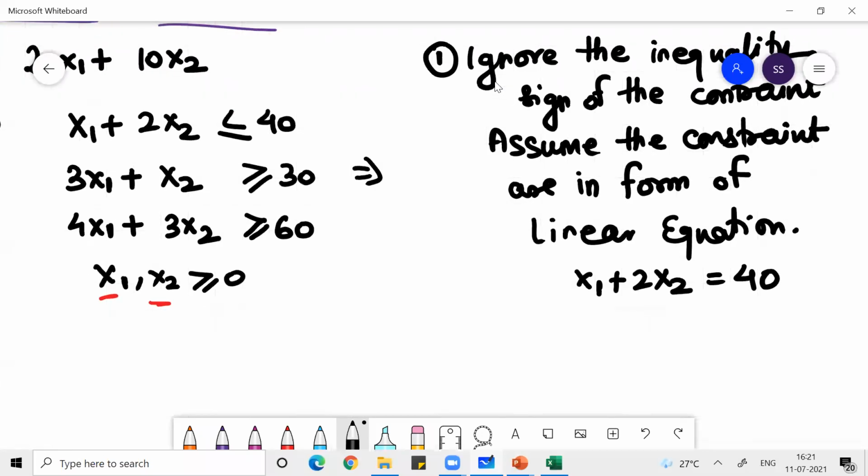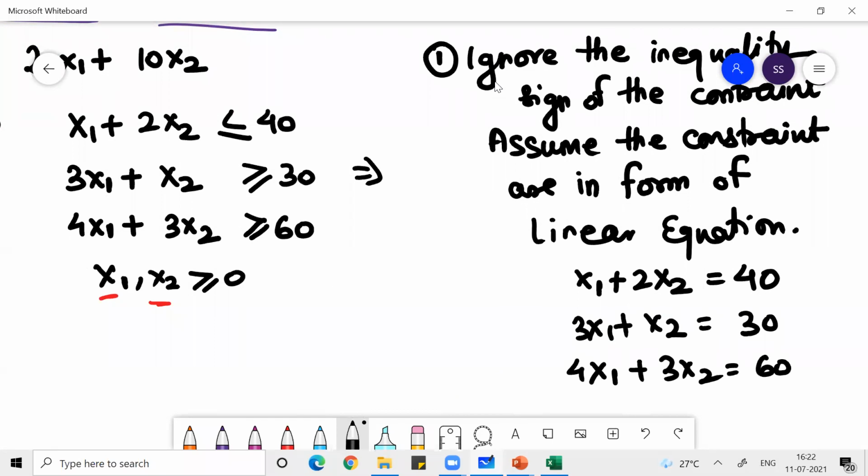Assume that 3x1 plus x2 is equal to 30, and the third, 4x1 plus 3x2 equal to 60. So ignore the inequality sign of the constraint. Assume that your constraints are in the form of linear equation. So ultimately, if you had three constraints for the given problem, you will have three linear equations.